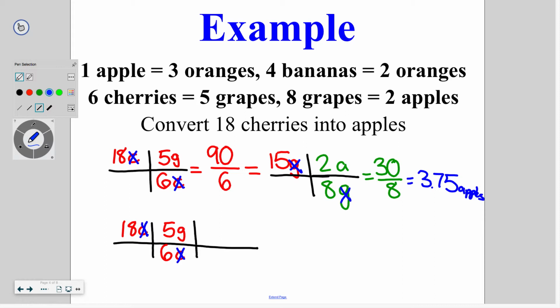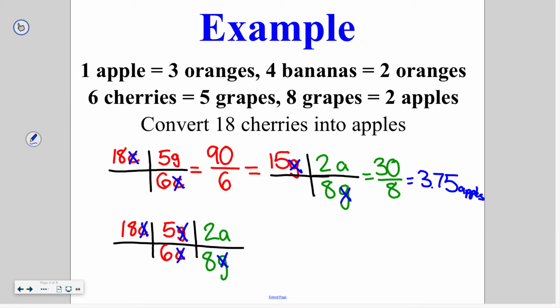You could then, instead of multiplying right there, go to the next step immediately and say that now I'm in grapes and I can turn in 8 grapes for 2 apples. Again, the units of grapes are going to cancel out, and I still have my final units of apples.